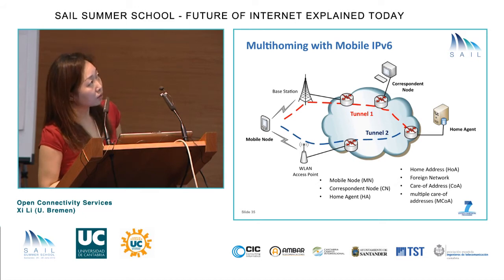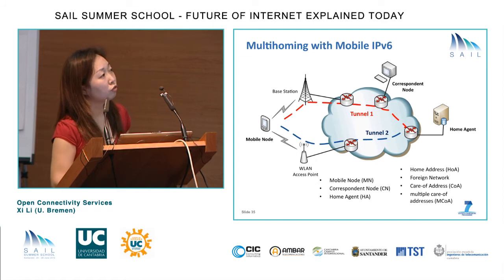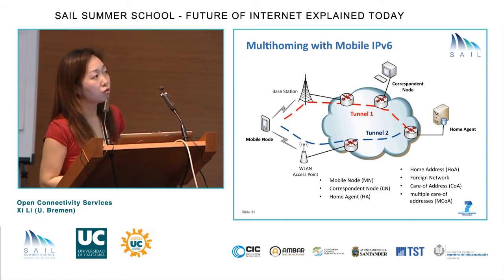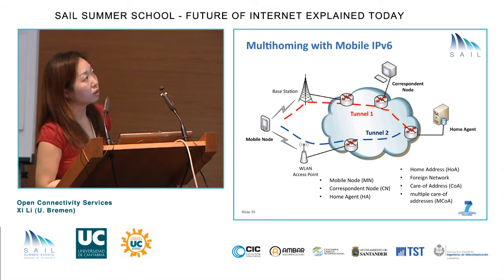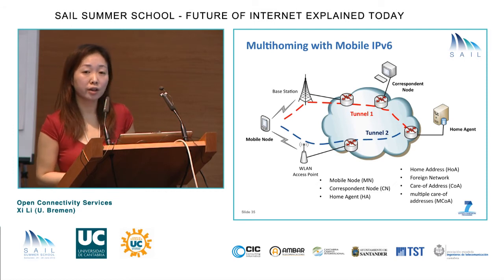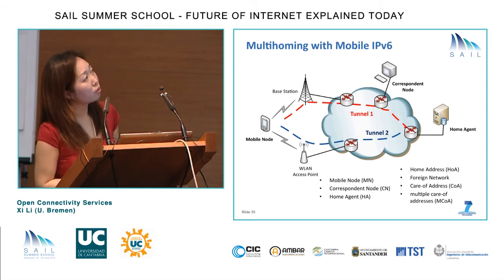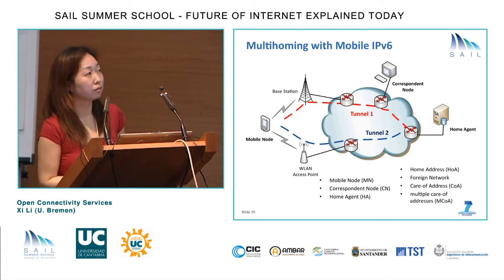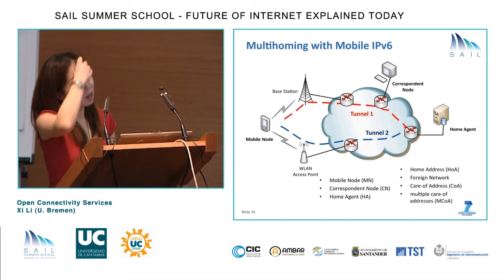In this case, the mobile node will first have a home address, which is assigned by the home network. In addition, for each individual access network, it will also have its own care-of address. So in this example, the mobile node will have two care-of addresses and one home address.